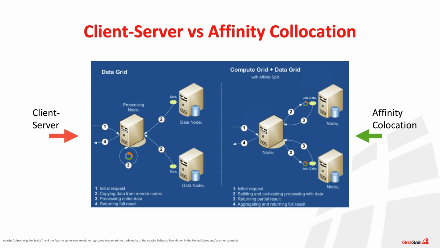So if you add a lot of network, you often lose all the advantages of in-memory computing. So you should always try to reduce the amount of network communication, and affinity collocation helps you with that. There are several APIs in Ignite allowing you to do that, and I will show them later in the demo.